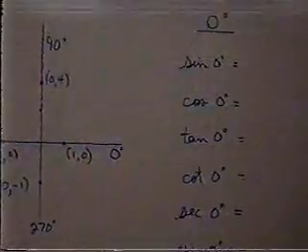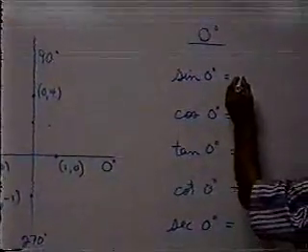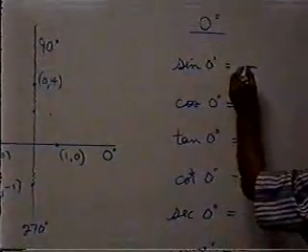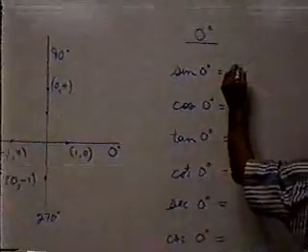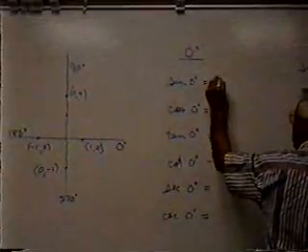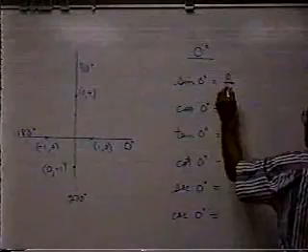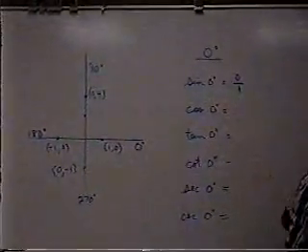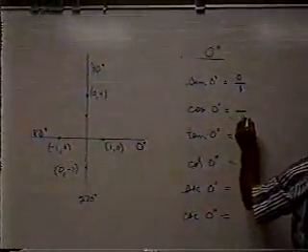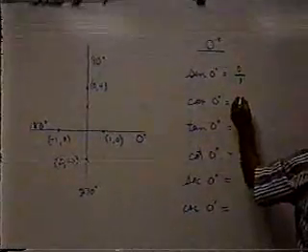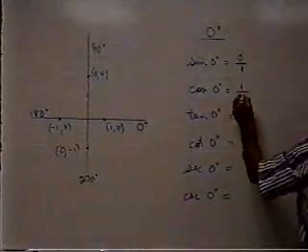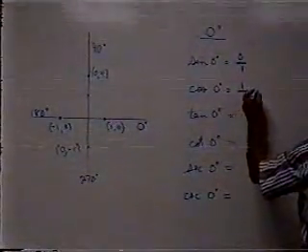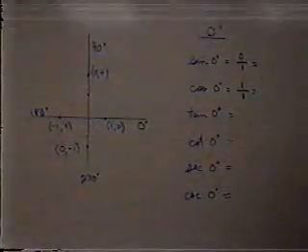So let's look at 0 degrees, and looking at the graph, what is y? Well, y is 0 and r is 1. Cosine of 0 degrees, x is 1 and r is 1. There, let's continue this.